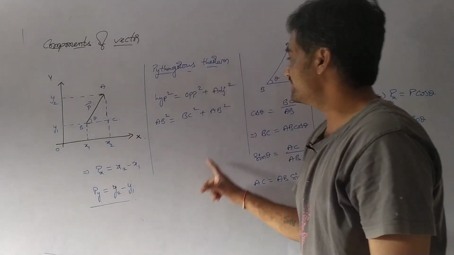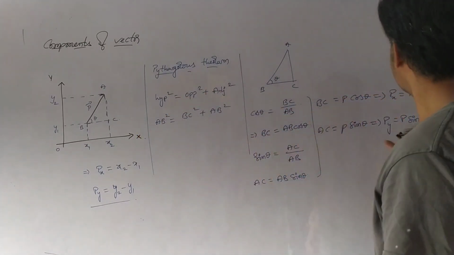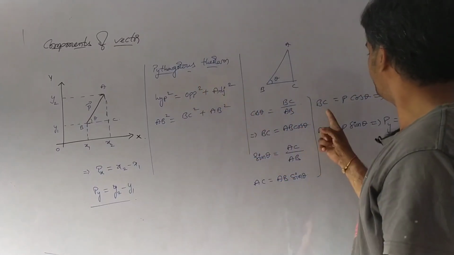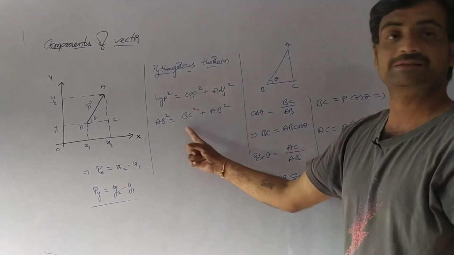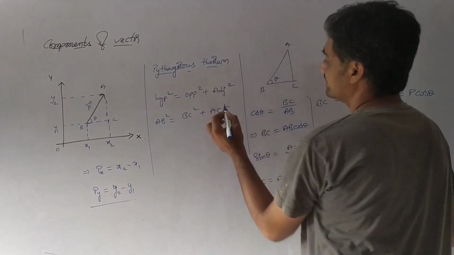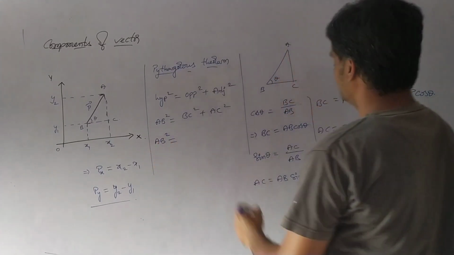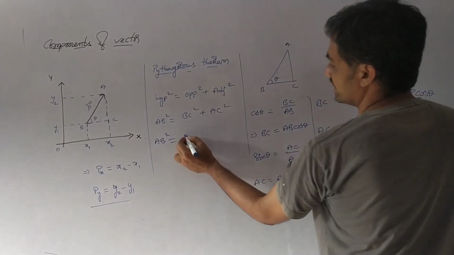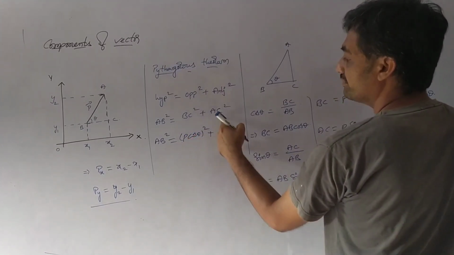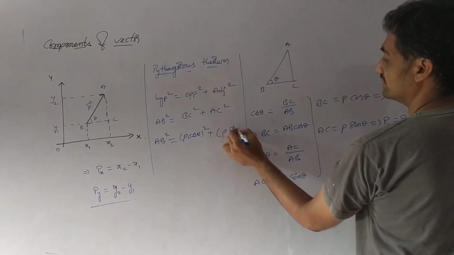Now based on these components we have to represent the resultant vector. Observe that we consider the Pythagoras theorem. If we substitute the values of BC and AC, we get AB square equals P cos theta whole square plus P sin theta whole square.